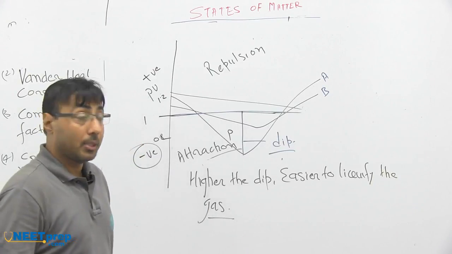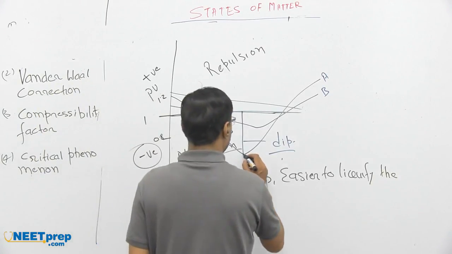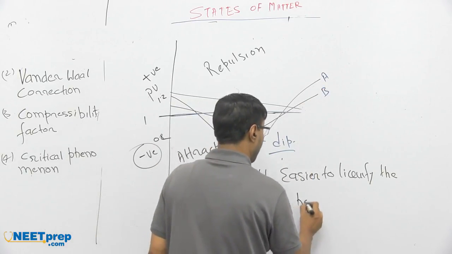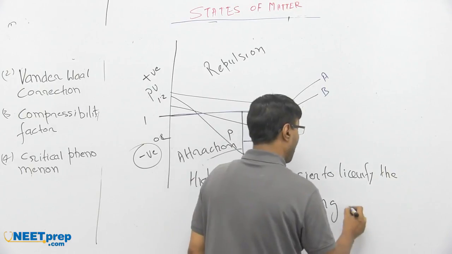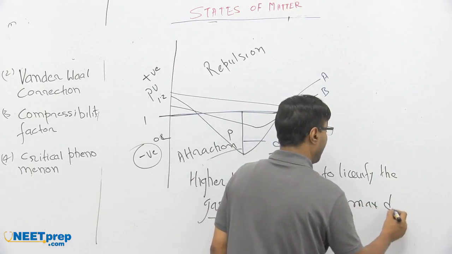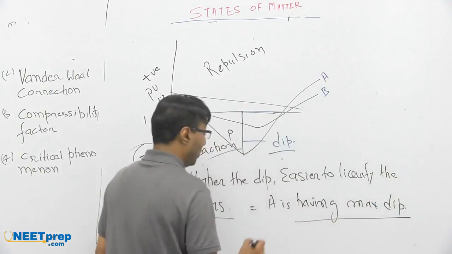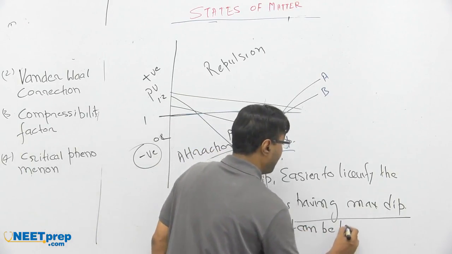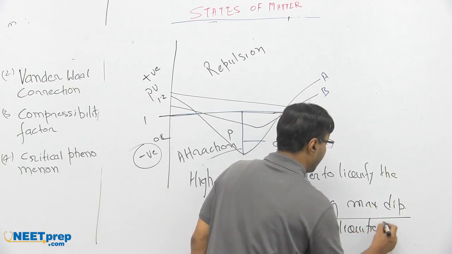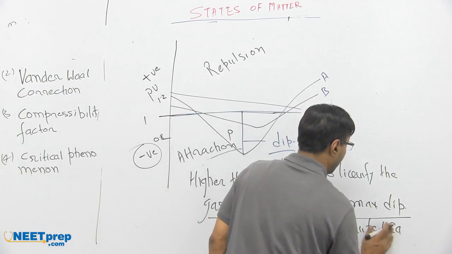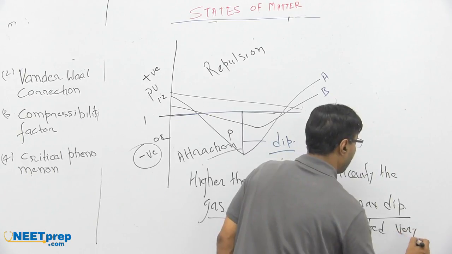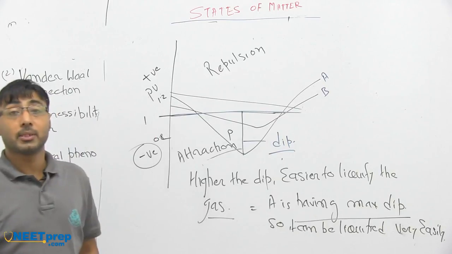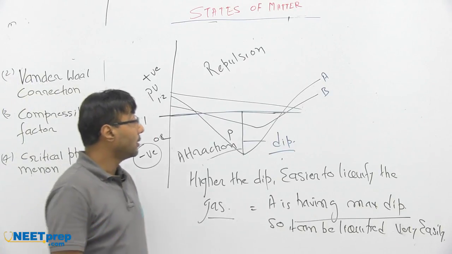So which gas can be liquefied very easily? The gas whose dip is this. So A is having maximum dip. So it can be liquefied very easily. इसकी डिप सबसे ज़्यादा है तो ये सबसे आसानी से लिक्विफाई हो सकता है.